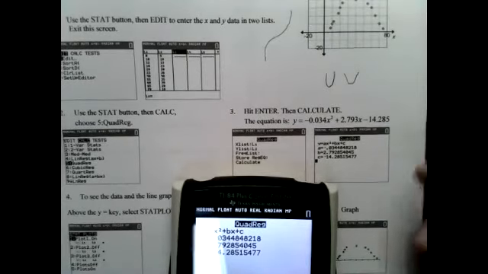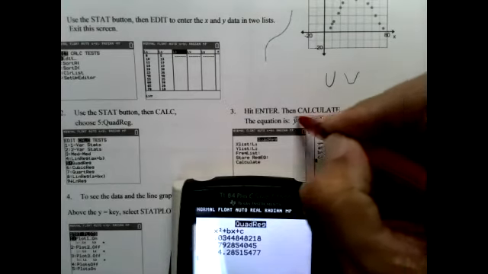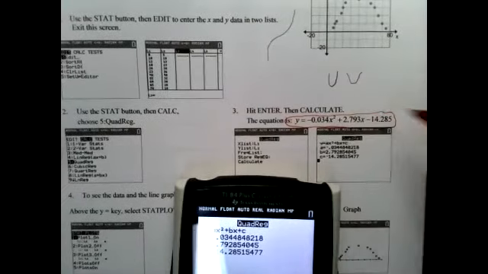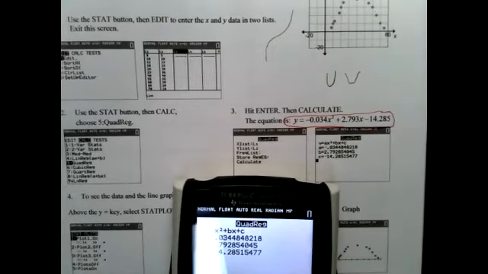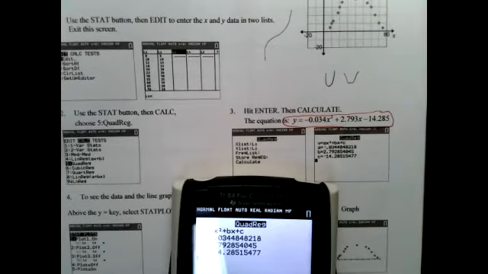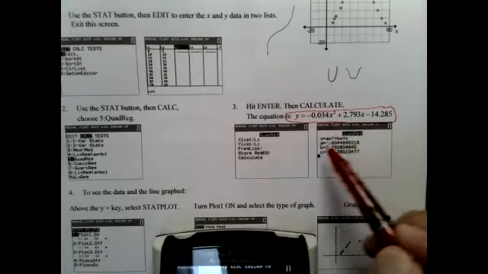Y equals negative... All right, so that equation would go on here. It wouldn't hit every point, but it would be pretty close to every single point there was. That's kind of good. And we're going to learn about all the different parts of this.